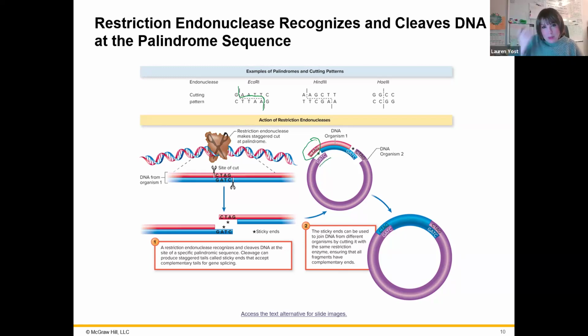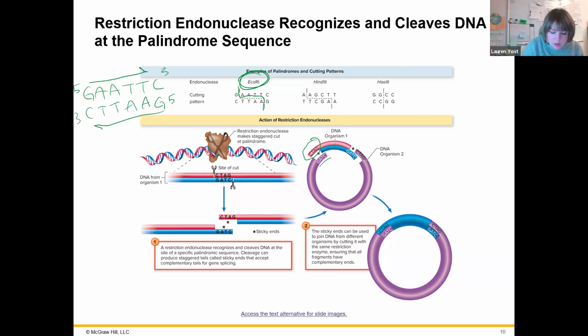And what makes these a palindrome? If we are talking about EcoR1 here, you can see that it's GAATTC in the 5' to the 3'. So the other direction is GAATTC. Wouldn't you look at that? They read the same in the opposite direction.